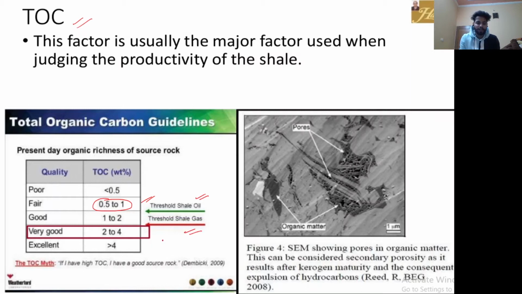In case of shale gas, if the shale rock has a total organic carbon content of 1 to 4, that is a good range to consider. Whereas for total organic carbon content of less than 0.5, it is a very poorly rated shale rock. Okay.